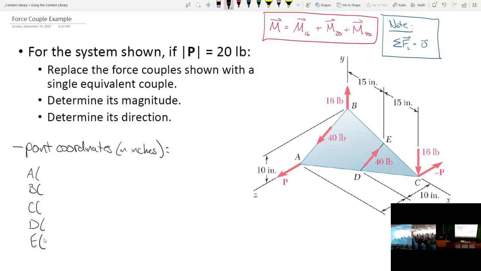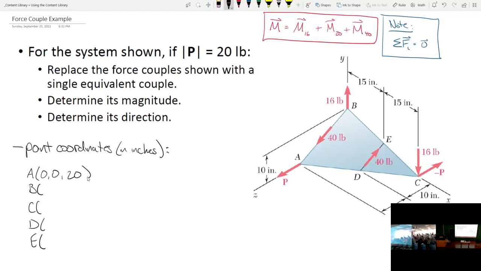There are 5 points that we need to consider, A, B, C, D, and E. If you're okay with this, I'm going to go ahead and just give you some of these. For example, with point A, we don't go along the x-axis, we don't go along the y-axis, but we go along the z, positive 20. So the coordinates of A are 0, 0, 20.